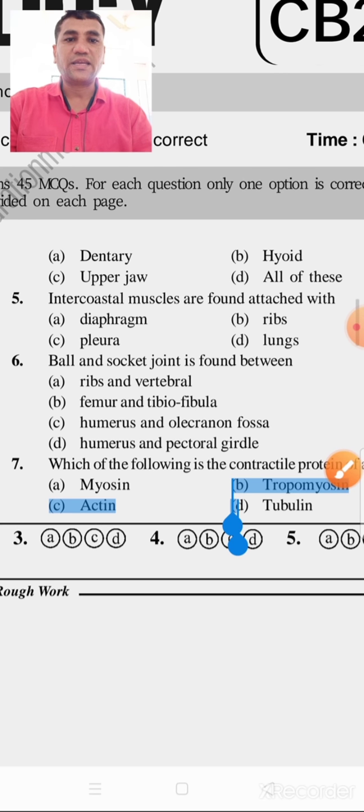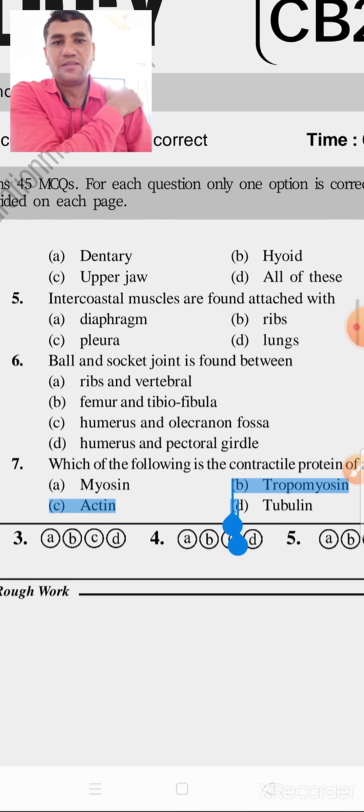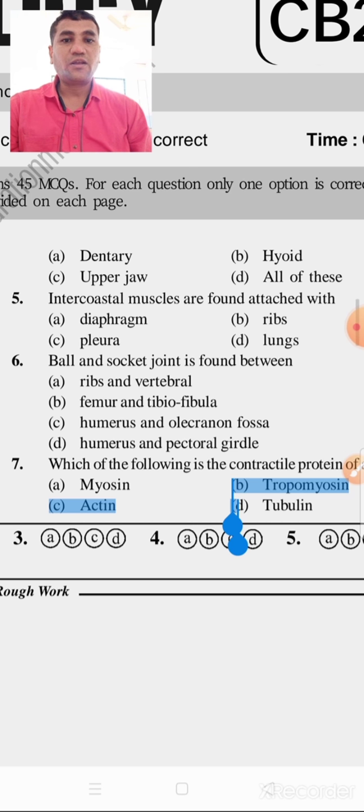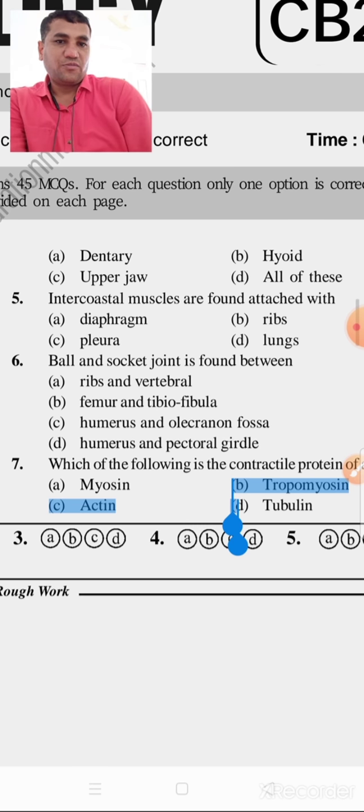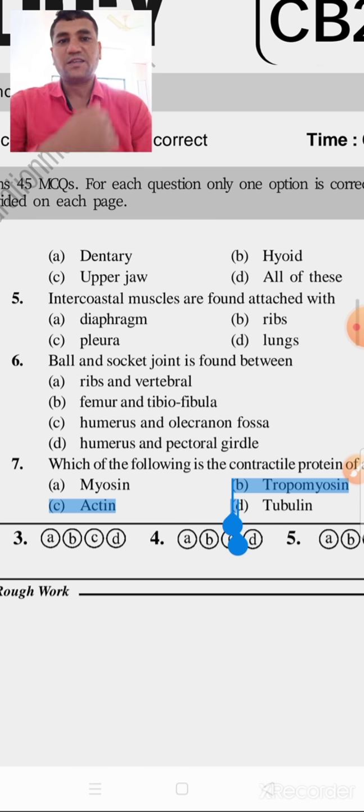Ball and socket joint is found between which? Already you know it is found between the humerus and olecranon fossa or olecranon process, or humerus and pectoral girdle. So it is present here, humerus and the pectoral girdle, where the olecranon fossa is near to that.